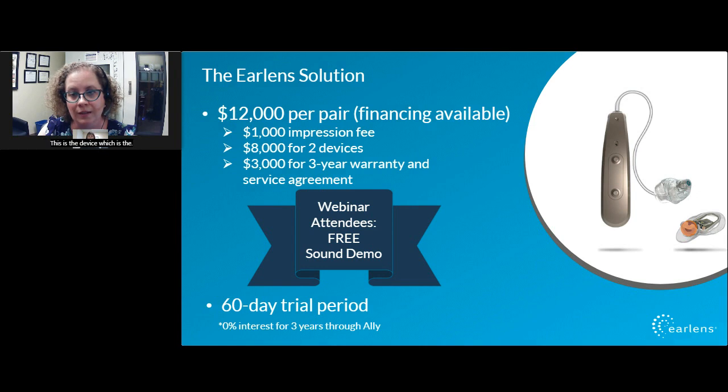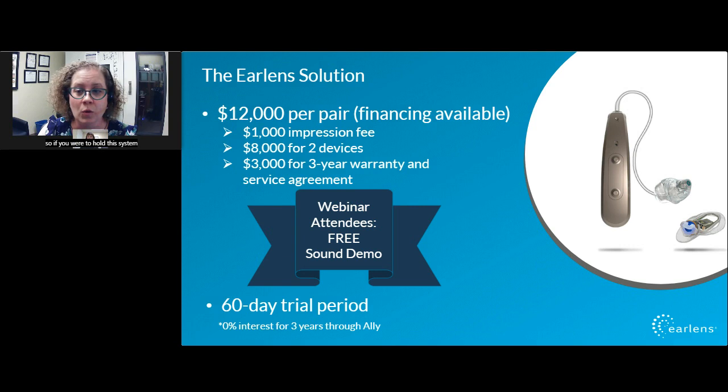This is the device, which is the hearing aid sitting behind the ear with a custom slim soft touch mold. The difference is this system here is not a speaker like your traditional hearing aid. So this is not an acoustic hearing aid. This is more of a radio frequency type of instrument.